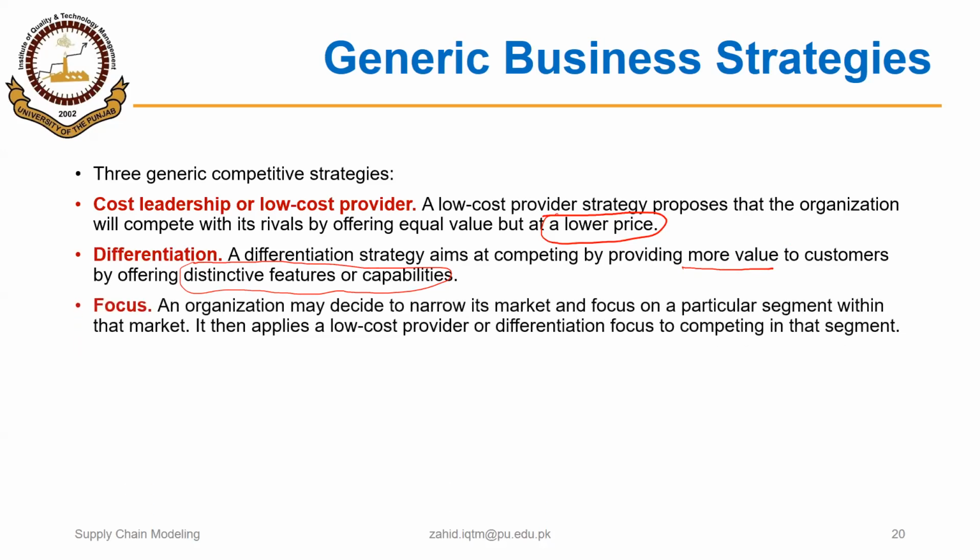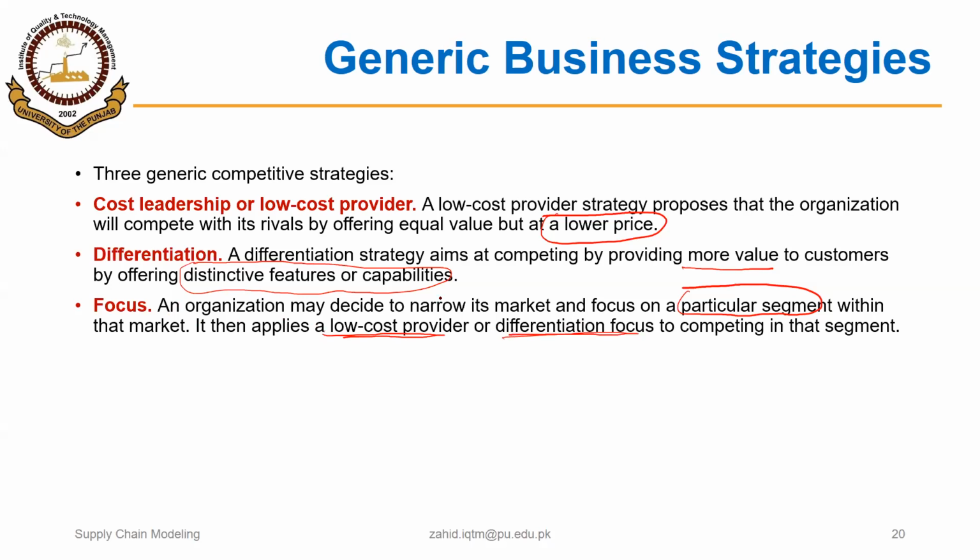The third generic strategy is focus. An organization may decide to narrow its market and focus on a particular segment. Within that market, it then applies a low cost or differentiation focus to compete in that segment. So focus could be again low cost focus or differentiation focus.